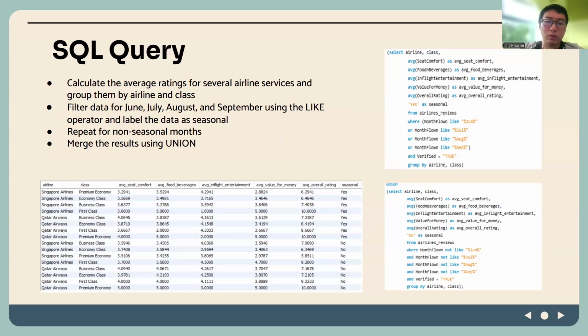Then I filtered the data for June, July, August, and September, which are the seasonal months, using the LIKE operator and labelled the data as seasonal. And then I repeated the steps for non-seasonal months and merged the results using UNION. And then we can get the table down here.